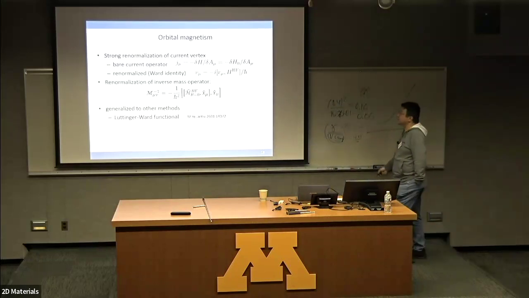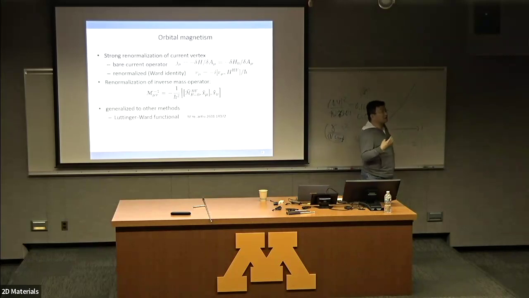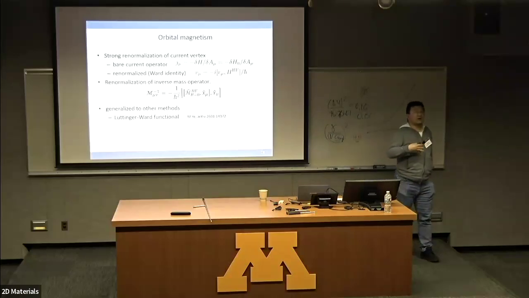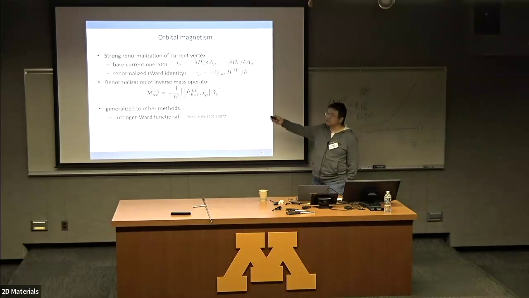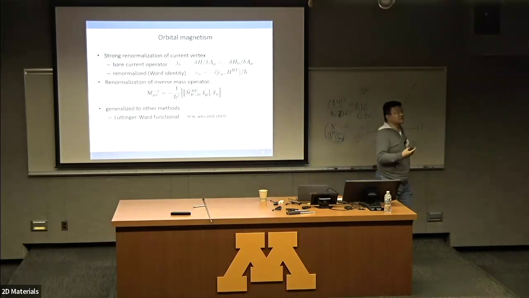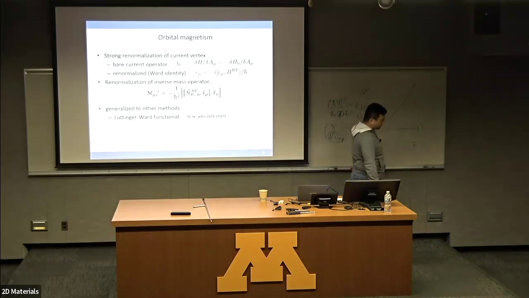This is very different from the Bell current operator, which just depends on the kinetic term with respect to the A field. So in the Hartree-Fock approximation, all these velocity operators are strongly renormalized. And I should also emphasize that this definition is consistent with the so-called Ward identity in field theories.